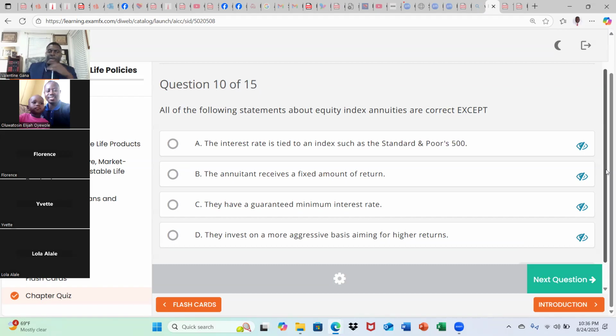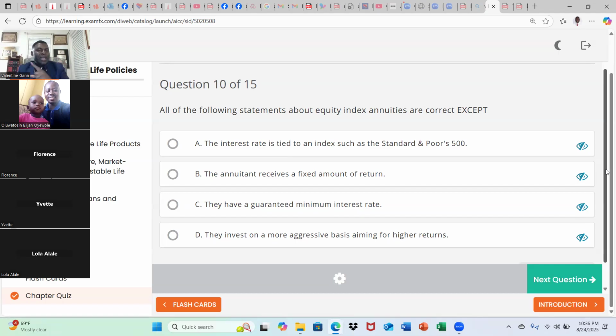That is correct. Remember what we said: an equity index annuity and a fixed index annuity are one and the same thing.